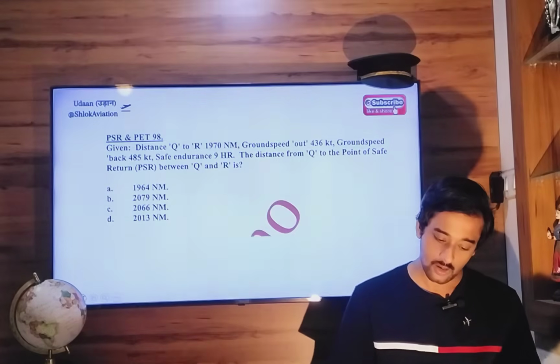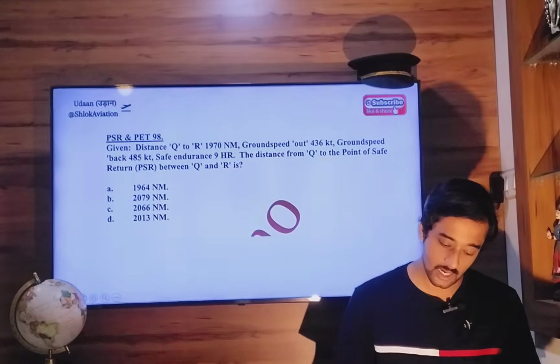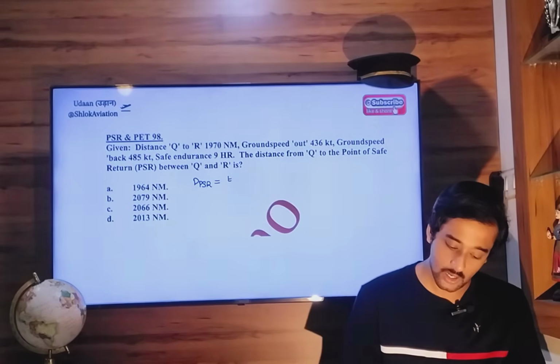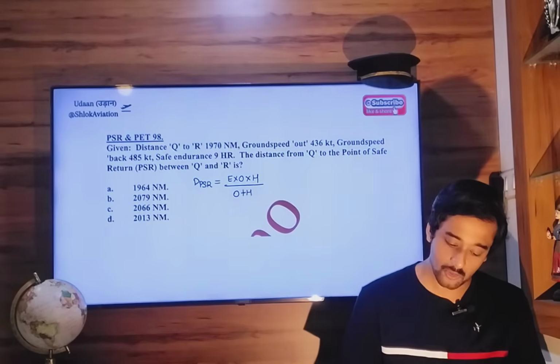Next. What is the distance to the point of safe return again? So distance to the point of safe return is endurance into outbound into homebound divided by outbound plus homebound.